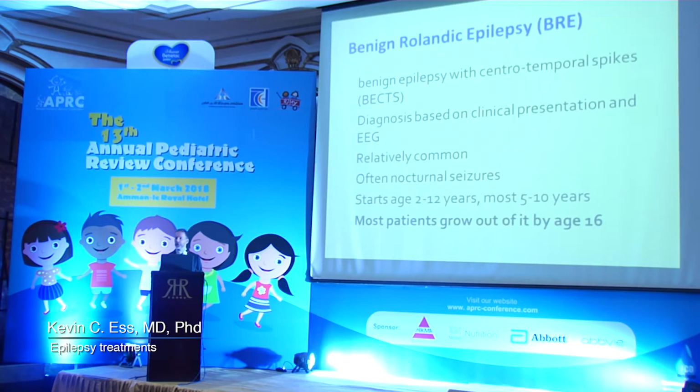One exception is this condition called benign Rolandic epilepsy, or benign epilepsy with central temporal spikes. It's actually a pretty good name because it tells you it's benign, you grow out of it, and the Rolandic or central temporal region tells you where the seizures come from. This is based on a typical presentation of usually nocturnal seizures in young children, and the EEG is critical here for diagnosis because it can tell you a certain pattern.